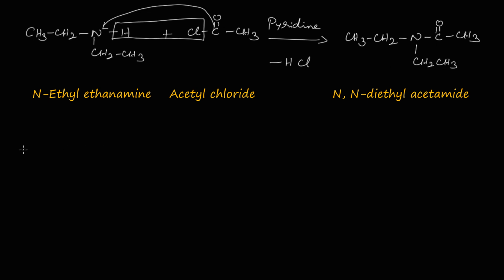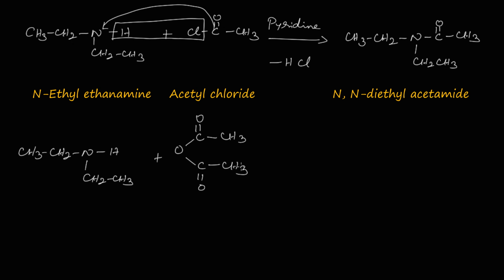Come on, let's react the same diethylamine, that is the secondary amine, with acetic anhydride. CH2, CH3 plus O, C double bond O, C double bond O, CH3, CH3. What happens?